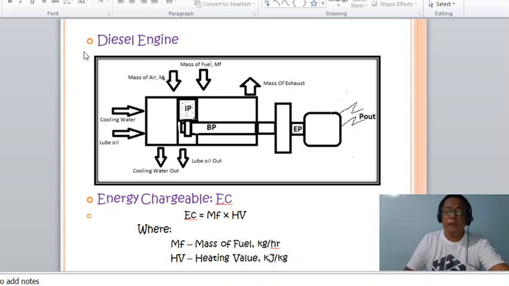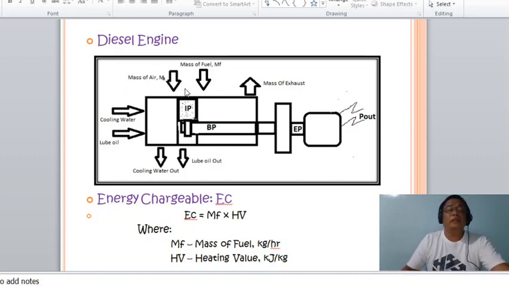The energy carried by the fuel is called the energy chargeable, where that energy chargeable is equal to the mass of the fuel injected inside the combustion chamber per hour, multiplied by the heating value of the fuel.